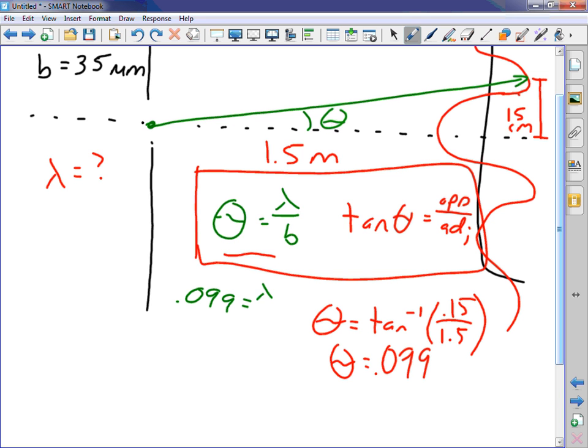So now I can take this and plug it over here: 0.099 equals lambda over b, 35 micrometers. What does micro mean? 10 to the negative 6. This is 35 times 10 to the negative 6. What does lambda come out to be?